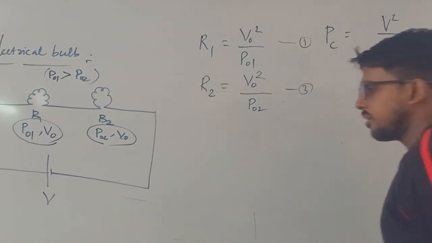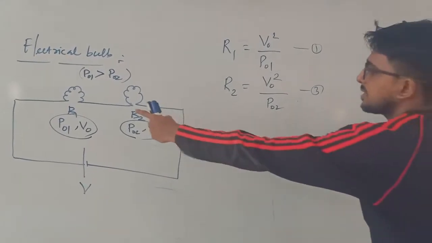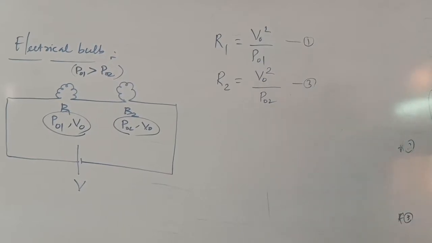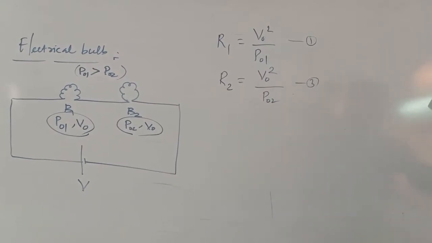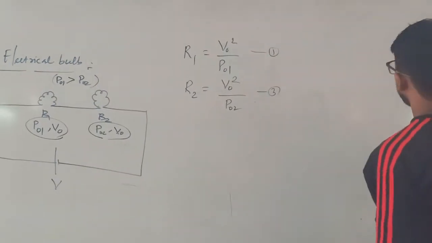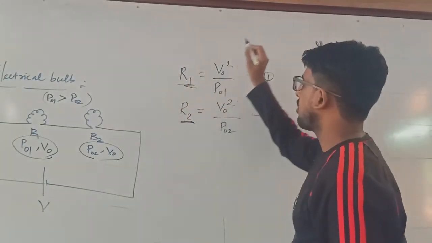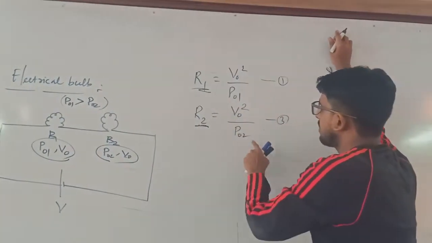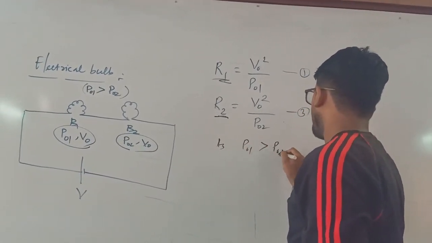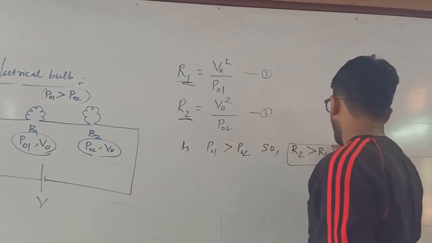And as the given condition is that the power of bulb 1 is more than the power of bulb 2, from these two relations we can easily conclude that the resistance R2 is more than R1, because P01 is greater than P02.